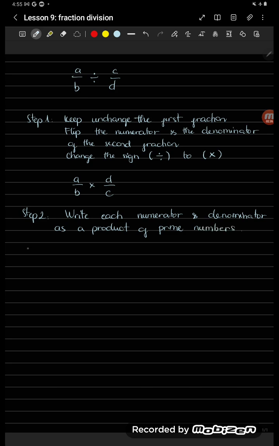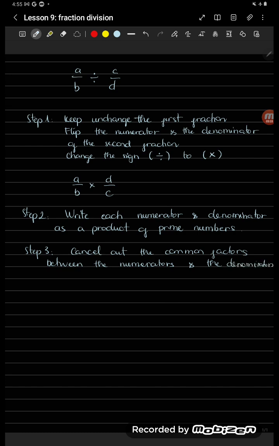Okay, and then step 3 is cancel out the common factors between the numerator and the denominators.